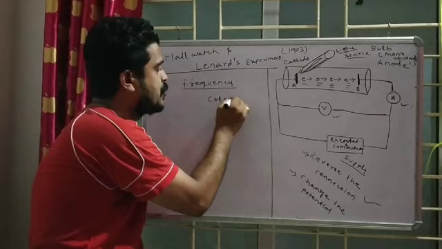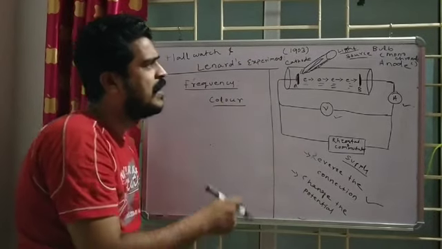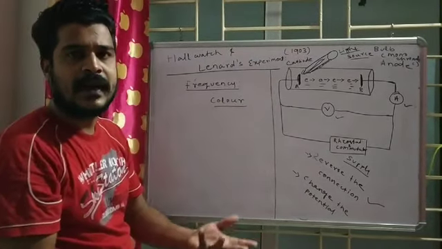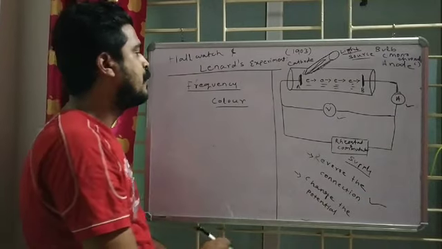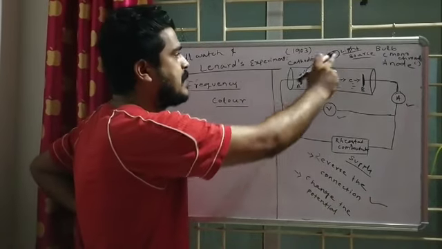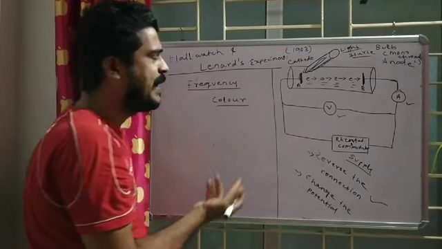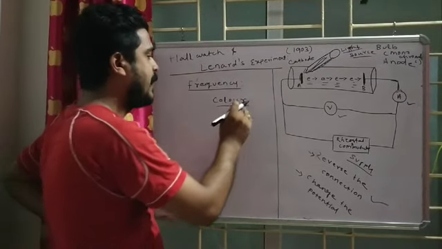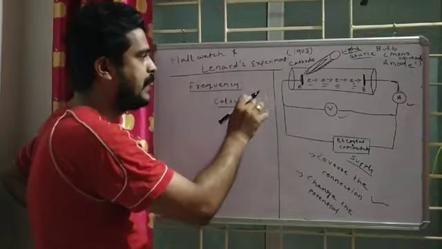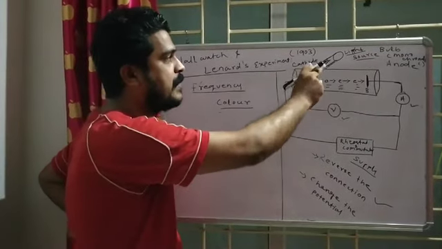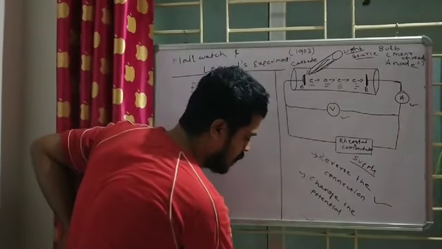I have discussed this also. That means I will take a red light, then a green light, then a different color light. Once I change the color, the frequency is getting changed. That means now I need to observe in this experiment what happens if I change the frequency.